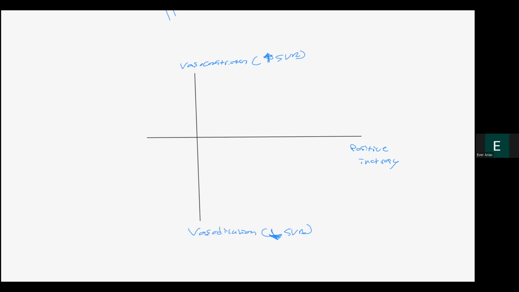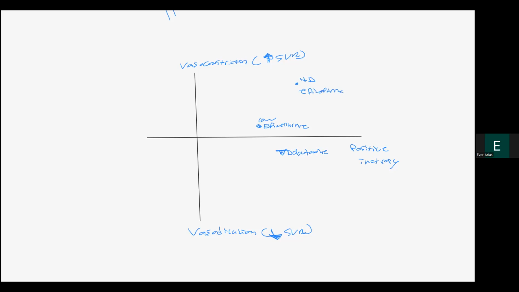Okay. So when you think of a positive inotropic agent, you want to think of dobutamine, right? You want to think of dobutamine as being something really strong that gives you positive inotropy. You could also think of epinephrine. Epinephrine gives you positive inotropy, but also some vasoconstriction.